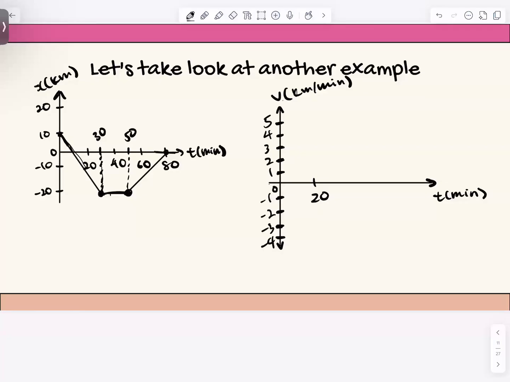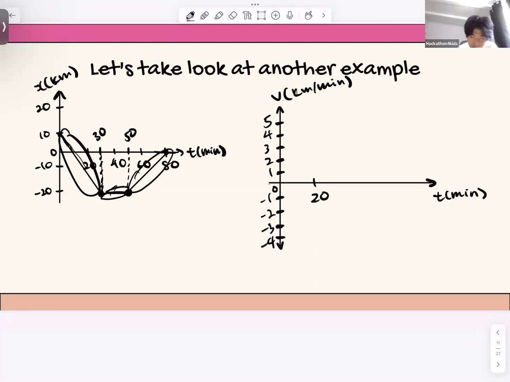Wait, what did you say? I didn't get it. Can you repeat it? Okay, so there's a straight line that points down from 0 to 30 here, and then a straight line from 30 minutes to 50 minutes here, and then a line that points up from 50 to 80 minutes here. Got that, Arjun? Yeah. Okay. I can't really erase that. Oh well. Okay.